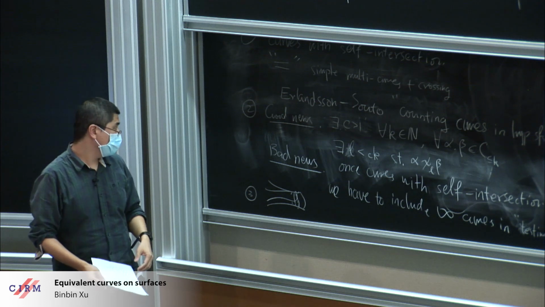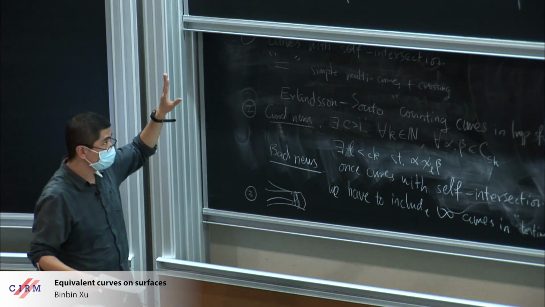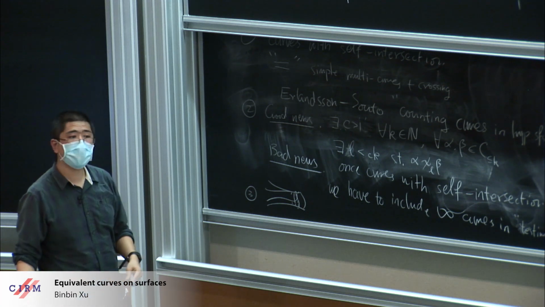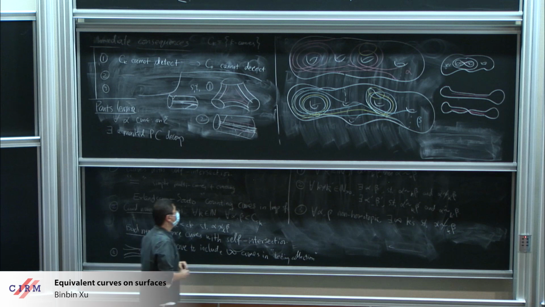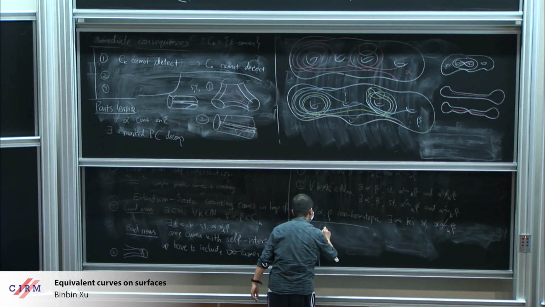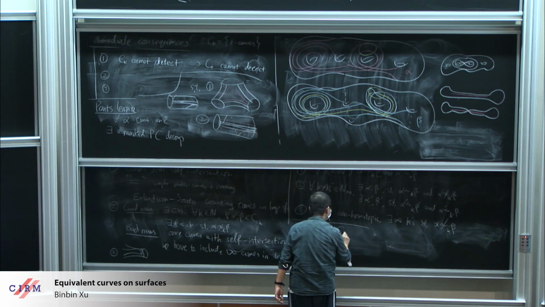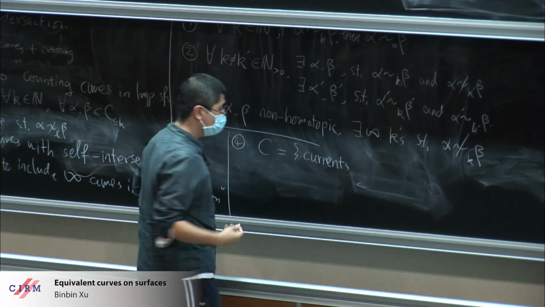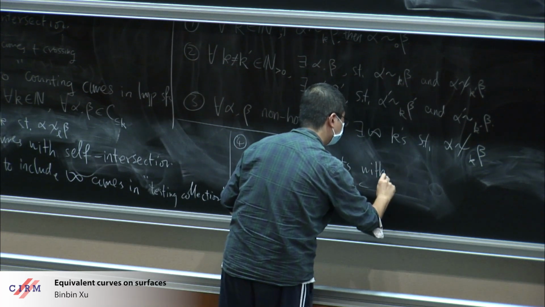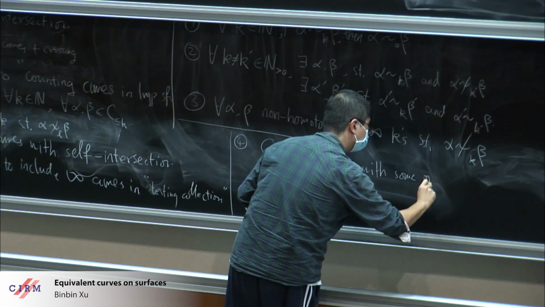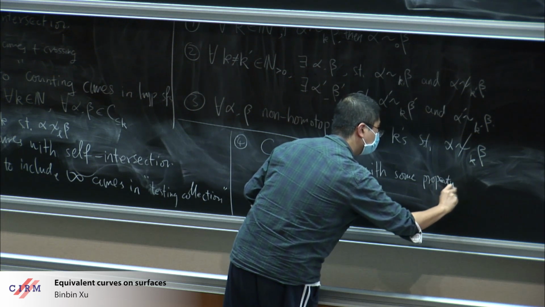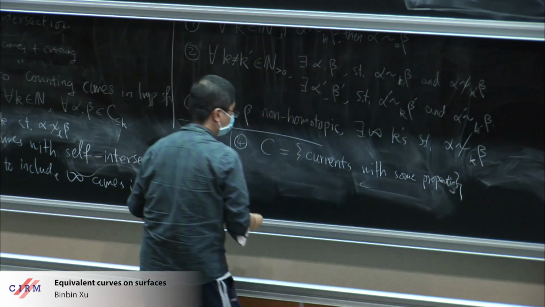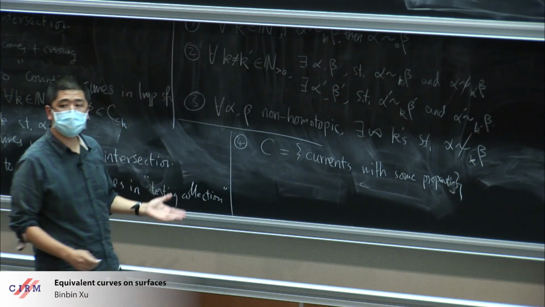And the last one is that the whole story can actually be generalized to the space of currents. So basically, what we can say is the following. Suppose C is a set of geodesic currents on the surface with a certain property. You can always define an equivalence relation for currents.